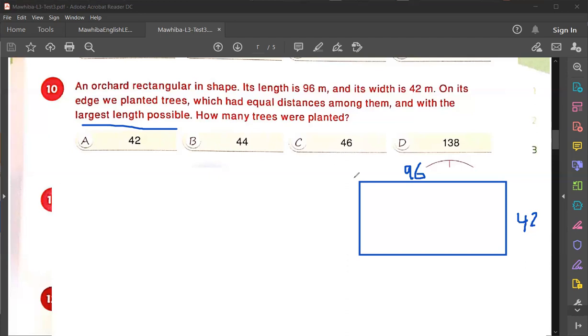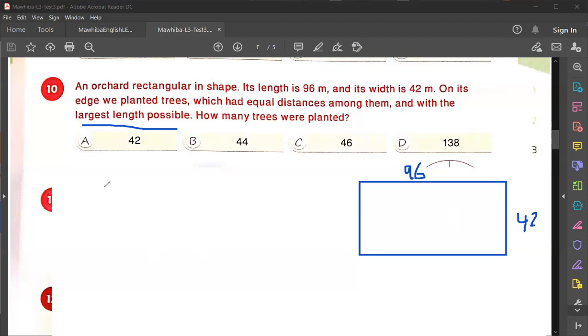We find a common factor between 96 and 42. What is the common factor between 96 and 42?